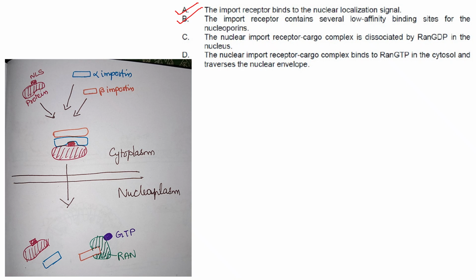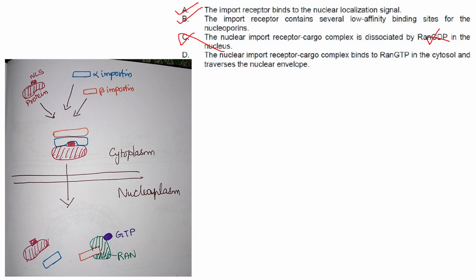The nuclear import receptor cargo complex, that is the nuclear protein destined for the nucleus bound to the import receptor, alpha and beta importin. That complex is dissociated by RAN GDP. No, it is RAN GTP that is present in the nucleus, not RAN GDP.